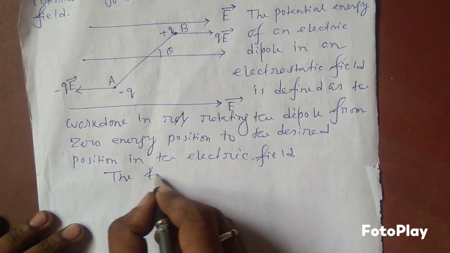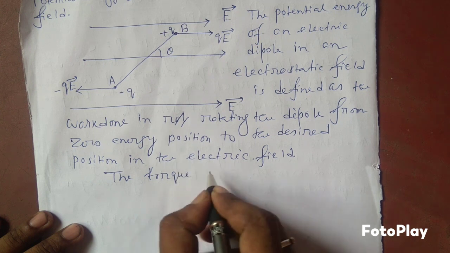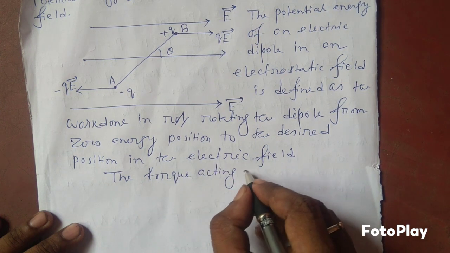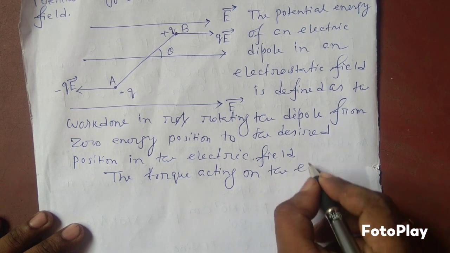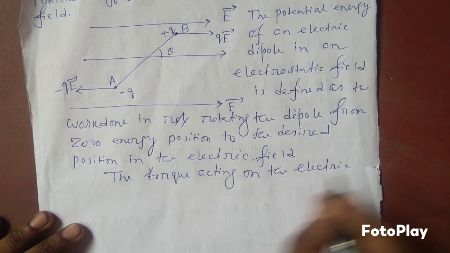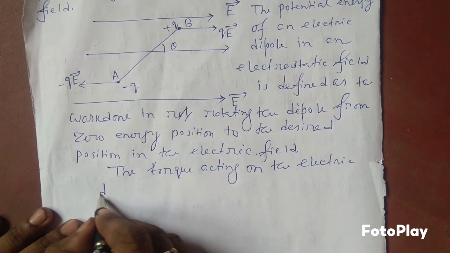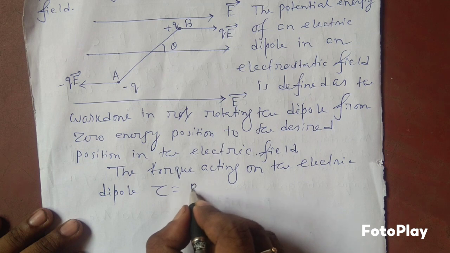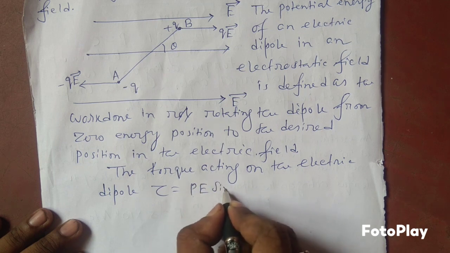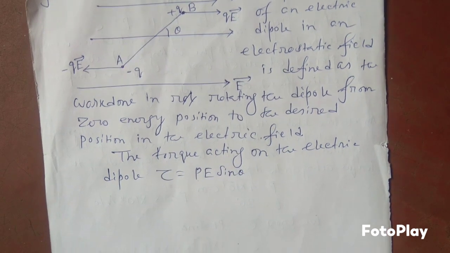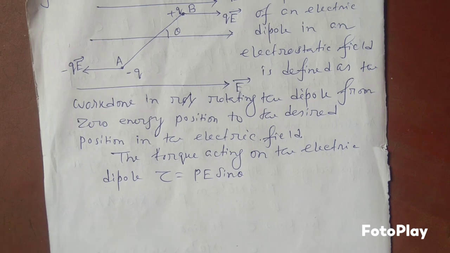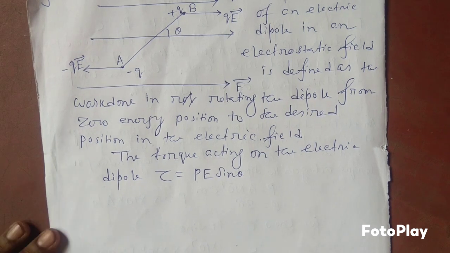The torque acting on the electric dipole, that is tau equal to PE sin theta. Torque acting on the dipole, that is tau equal to PE sin theta.